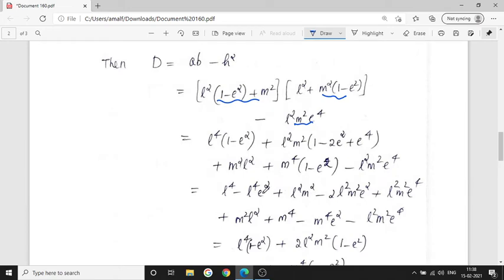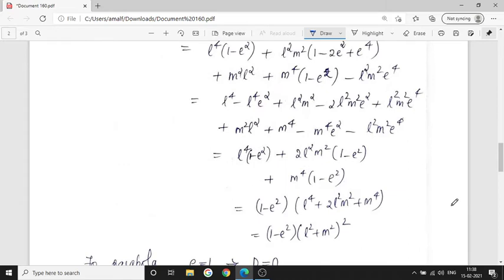Now when we simplify, just these two terms will cancel off. L square m square e raised to 4 will cancel off, and here 1 minus e square will be common. The remaining terms I can write as l raised to 4 into 1 minus e square plus m raised to 4 into 1 minus e square, then l square m square into 2 minus 2 e square, that is 2 l square m square into 1 minus e square.